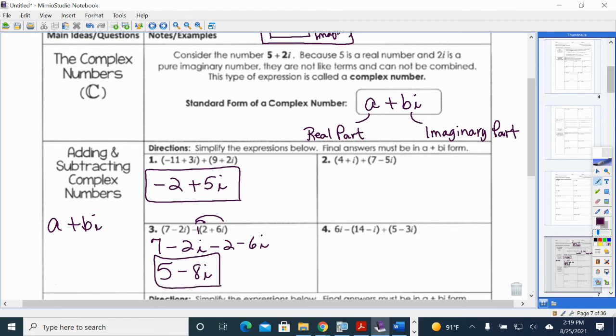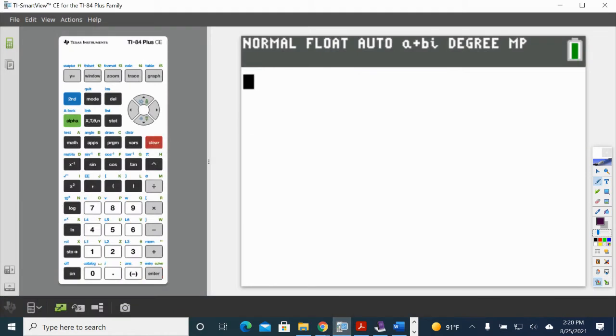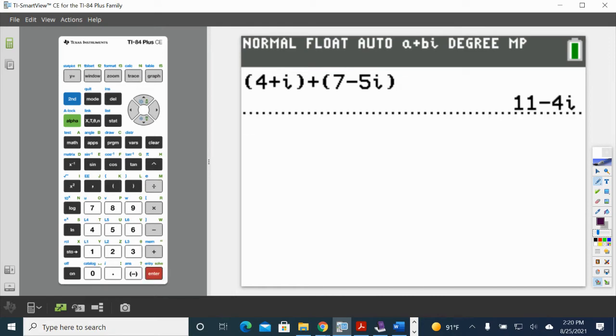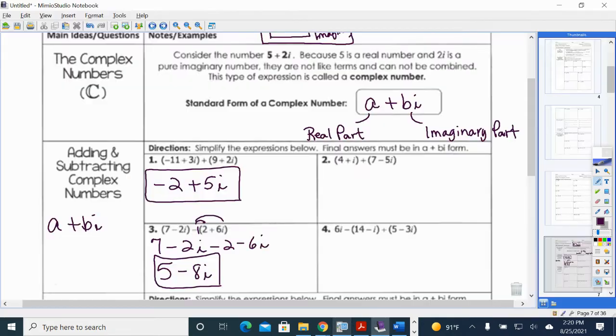Now, you can do this in the graphing calculator or the calculator. Let me show you real quick. If I take question number 2, for example, I'm going to open a parentheses, 4 plus i plus 7 minus 5i. And the calculator is going to spit out 11 minus 4i, which is the answer.